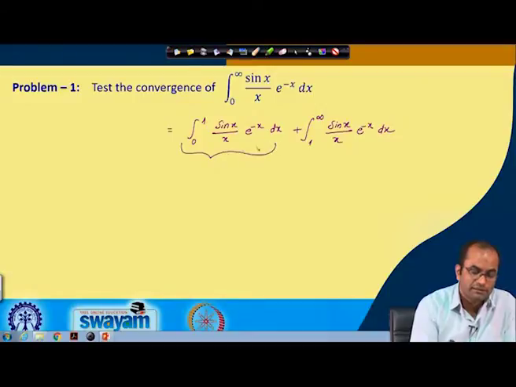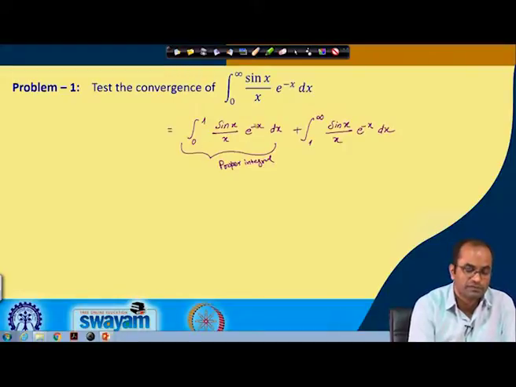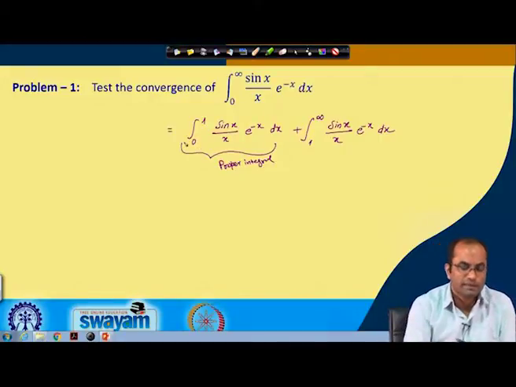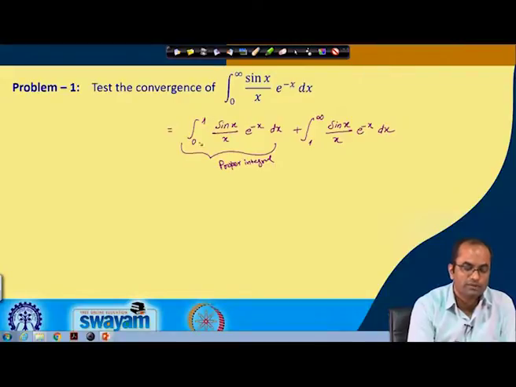The first integral is a proper integral. The reason is clear, because sin x over x has the value 1 as x approaches 0. So, the limit of the integrand exists when x approaches 0, and at all other points there is no singularity and no unboundedness. So, the first one is a proper integral.